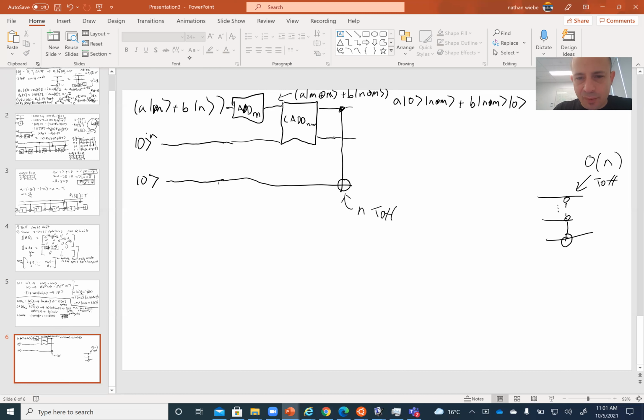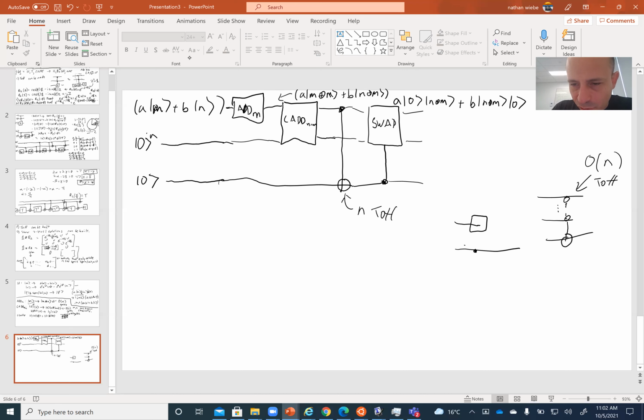Now, the next step that we want to do is a controlled swap here. Again, the controlled swap operation has a single control qubit and a bunch of different registers.